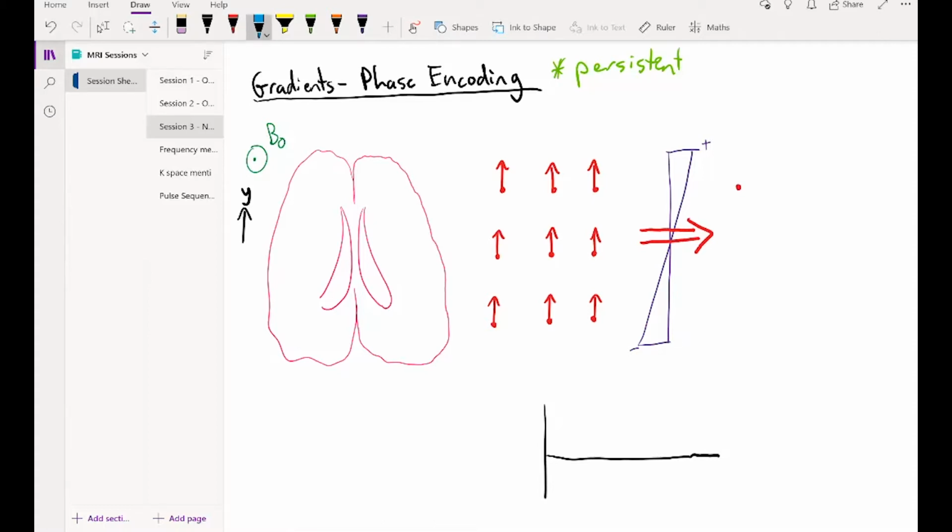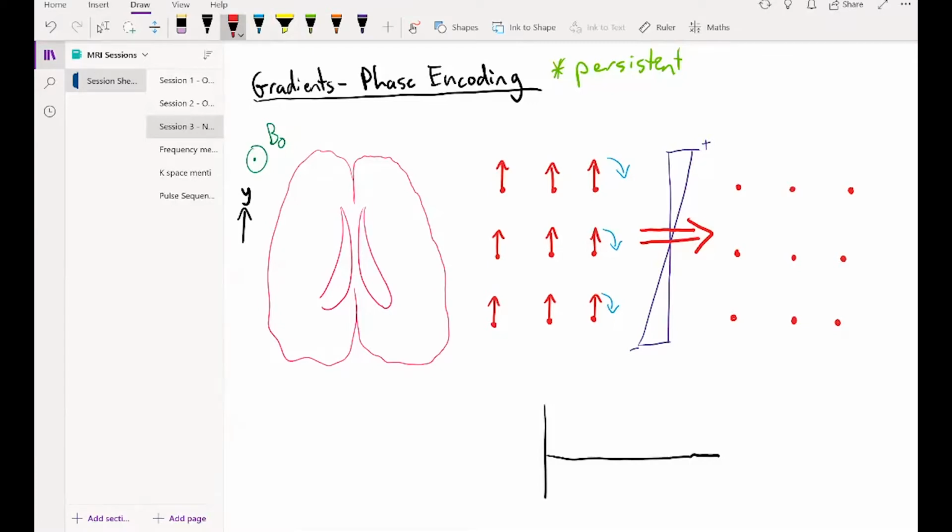So assuming that all of our spins are precessing in the clockwise direction for our purposes, I'm just going to draw our 9 dots here. And the arrow is just representing the phase of their cycle, like where each spin is in their precessional cycle. So the ones at the top, because they have been precessing at a higher frequency, they've been precessing faster than the other spins in the diagram.